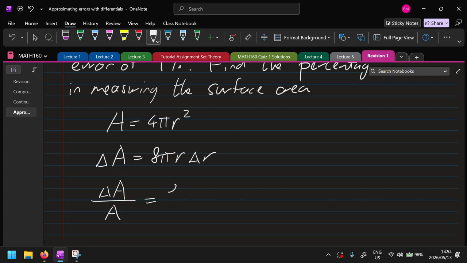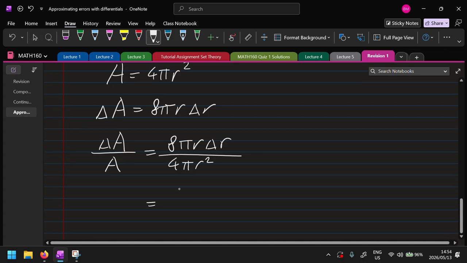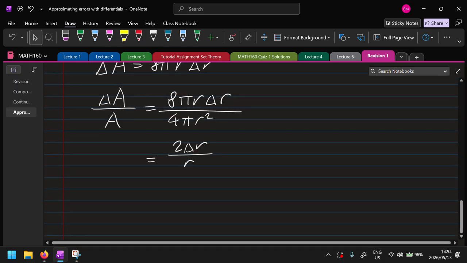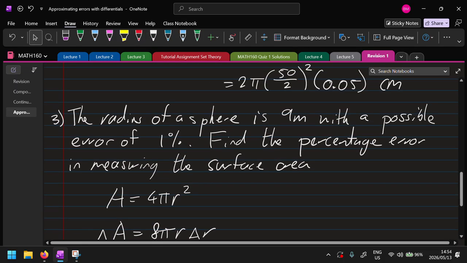So this is going to be 8 pi r delta r over 4 pi r squared. Okay, we can simplify this a little bit. So 8 pi over 4 pi, we're going to have 2. Okay, and then we can substitute. So delta r, that was the error in the radius. So it's 9 meters with an error of 1%.